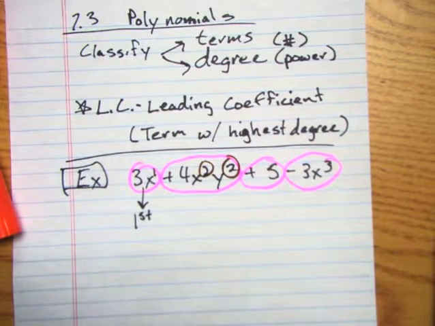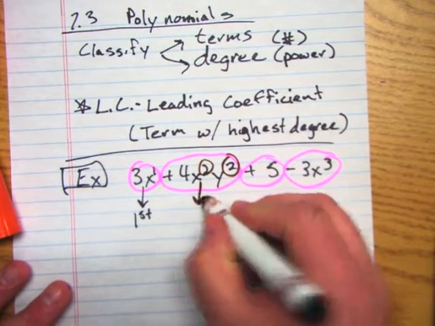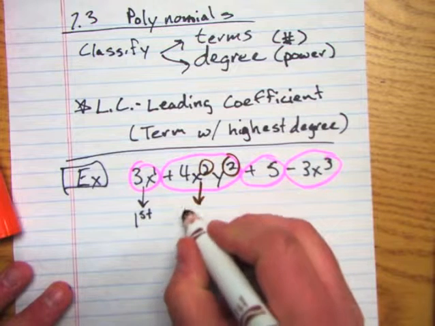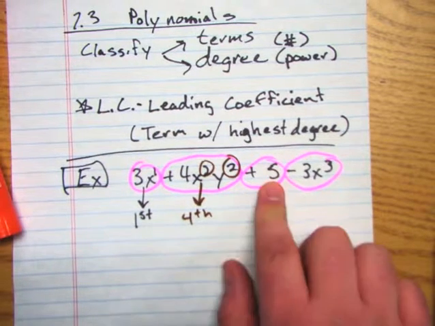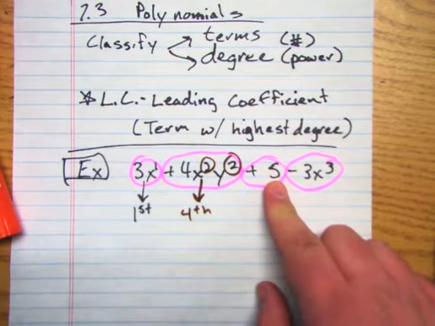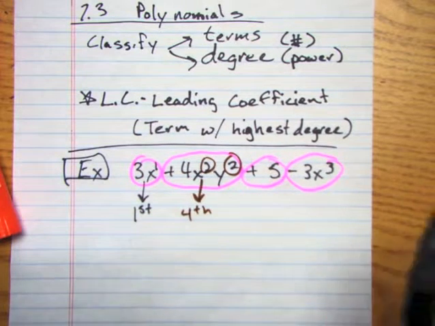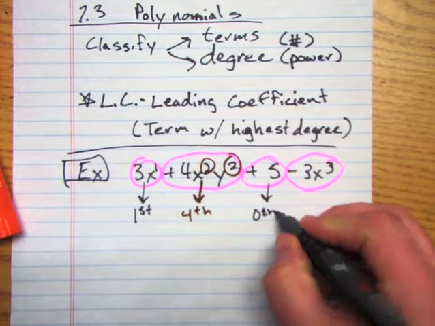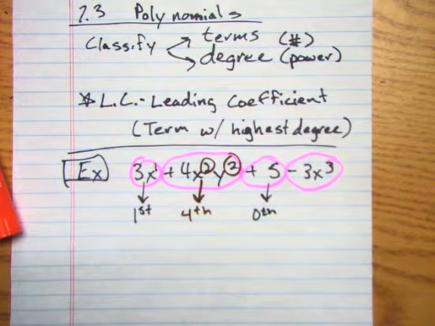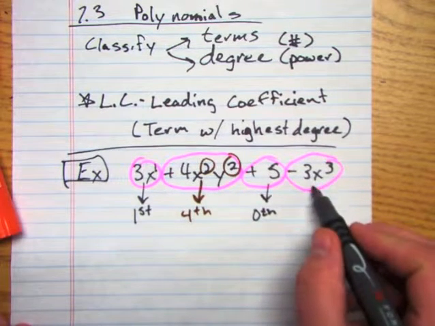So technically, this particular term has a fourth degree. In other words, there are four variables if you really were to expand that out. It'd be 4 times x times y times y. How many variables with the constant? 0. So we call that the 0th degree. Okay? And then lastly, this would be x times x times x, so this would be a third degree.